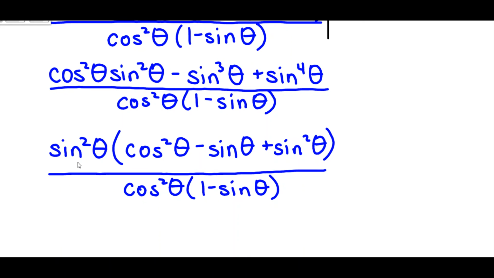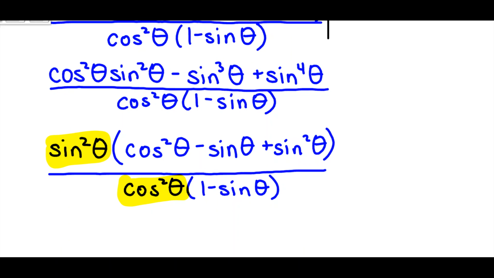Now, I think it's important to note at this point in time that our goal is tan squared theta. And I'm almost there. I have this sine squared theta and I have cos squared theta on the top and the bottom, and that is what tan squared theta is equal to. So I just need to somehow manage to prove that this piece here is equal to 1.